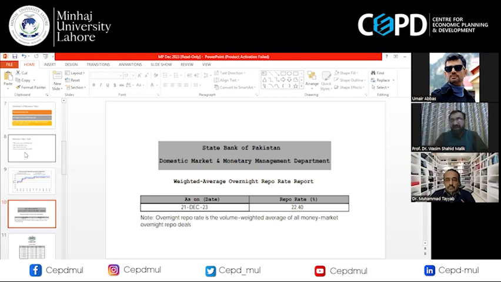The weighted average overnight repo rate was 22.4% the day before yesterday, slightly above the policy rate.